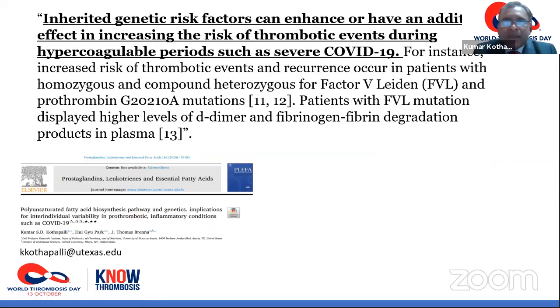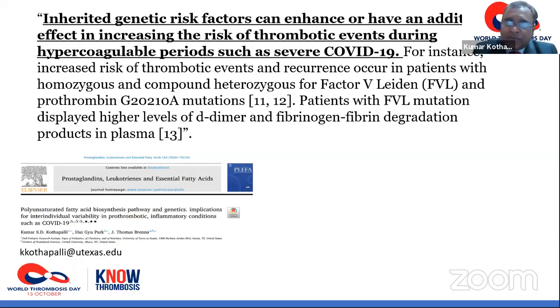So this is from my paper published last week, where we have shown that inherited genetic risk factors can enhance or have an additive effect in increasing the risk of thrombotic events during hypercoagulable periods such as severe COVID. For example, if there is a patient who carries mutations in both factor V as well as prothrombin, their chance of a thrombotic event is extremely high.